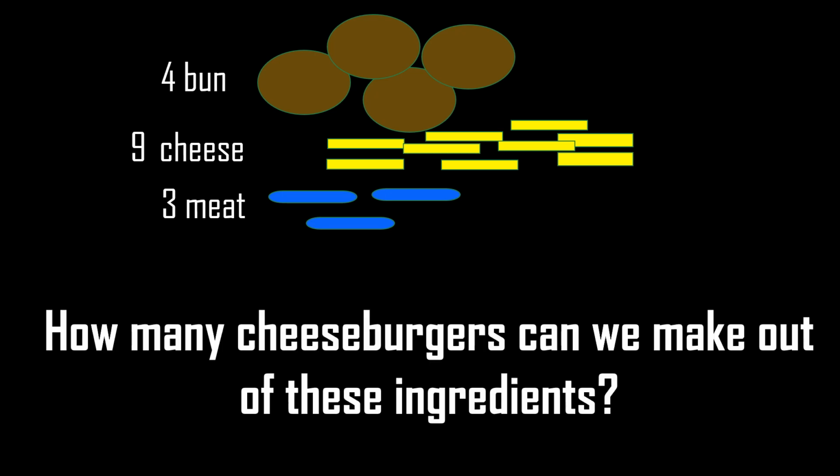Now, let's take a look if we have different quantities of ingredients. We have here 4 bun, 9 cheese, and 3 meat. How many cheeseburgers will be produced using the different quantities of ingredients?